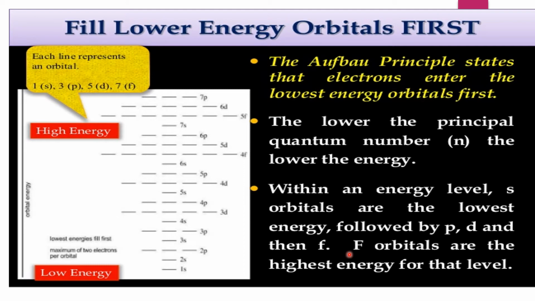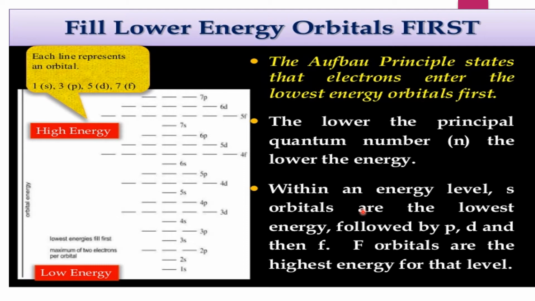Again, within the energy level, this is the first one, filling up of the energy levels. Again, within the energy level also, the orbitals are present. They are S, P, D and F. Depending on the energy level, they are present.